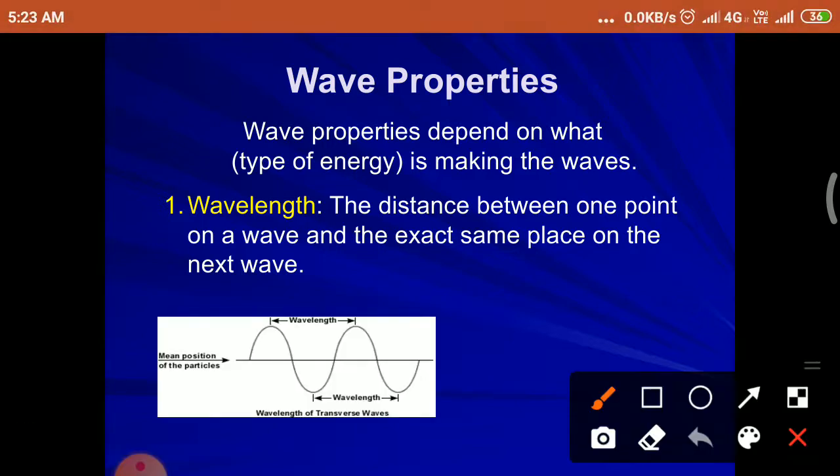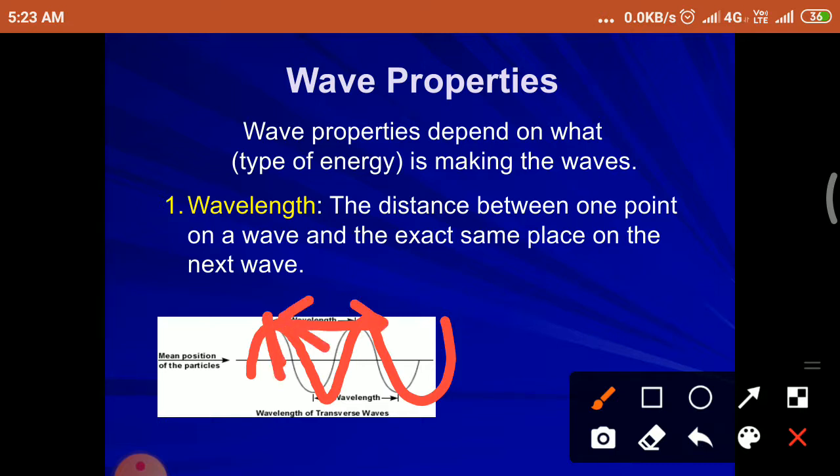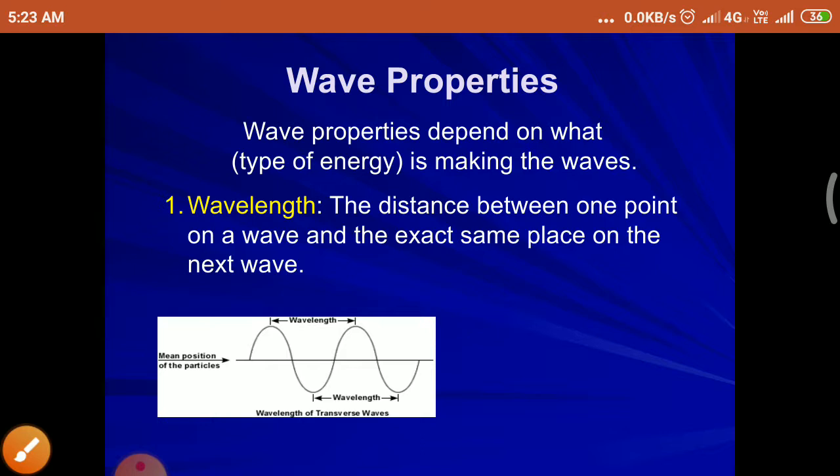Look at this diagram. This is a wave. The distance between one point on a wave and the exact same place on the next wave is called wavelength. It is clearly shown in the image.